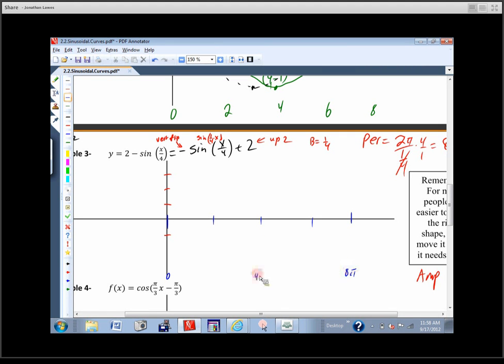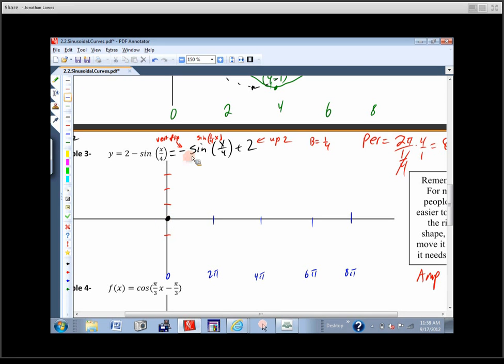Because this is 4 pi, 2 pi, 6 pi. Okay, it's a sine curve. Does it start at 0 and go up, or start at 1 and go down? Okay, starts at 0, right? So if we just kind of simplified it and said, where does it start? It starts at 0. So I'm going to put a point right here.